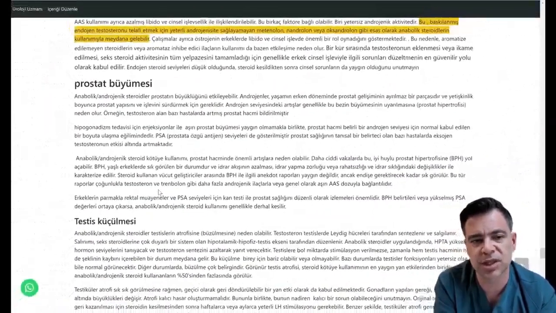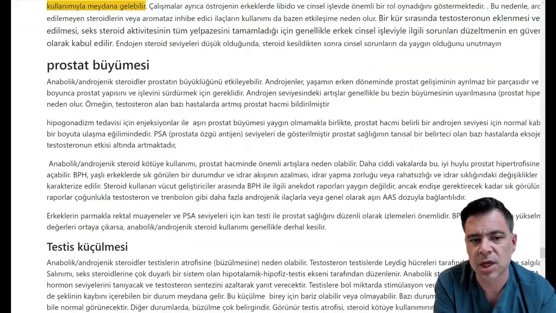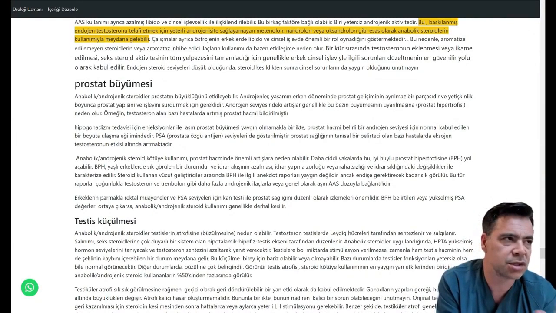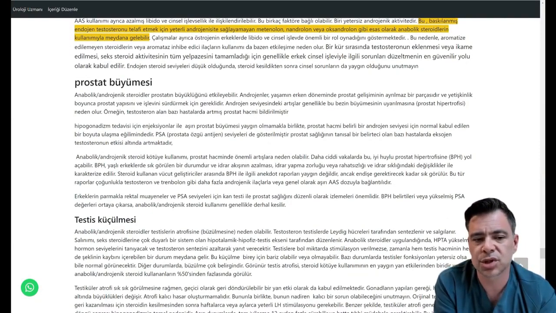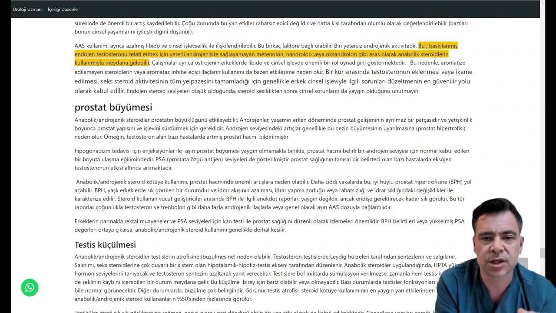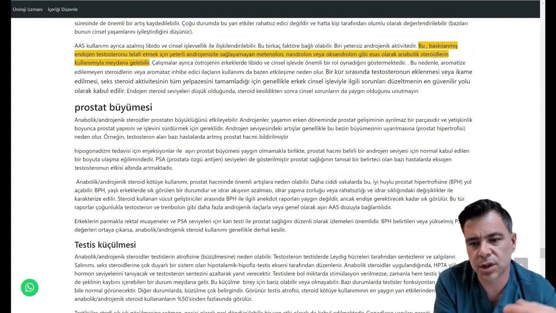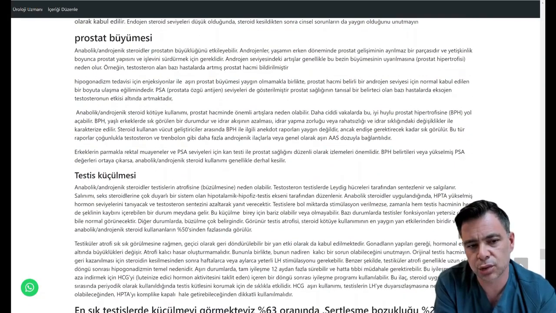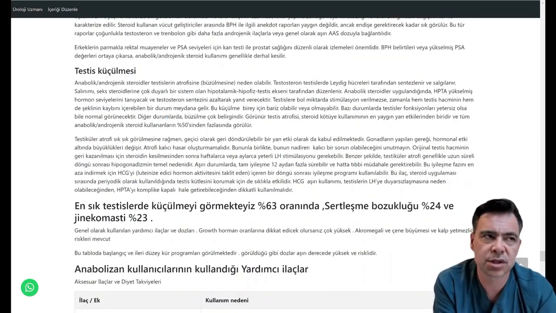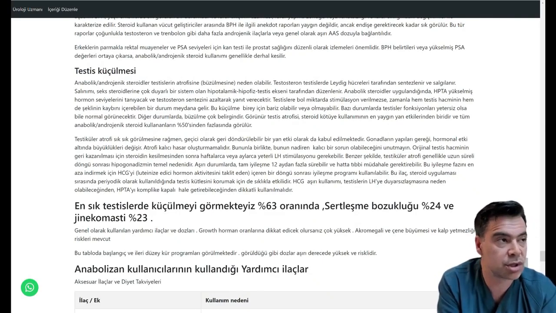Of course, since most of the users are well below the age of 50 or 60, they do not develop prostate-related complaints. Testicular shrinkage is very common among users, it can be seen around 60%. After some time after stopping anabolic steroids, the testicles return to normal levels. Or testicles can return to normal size after PCT.